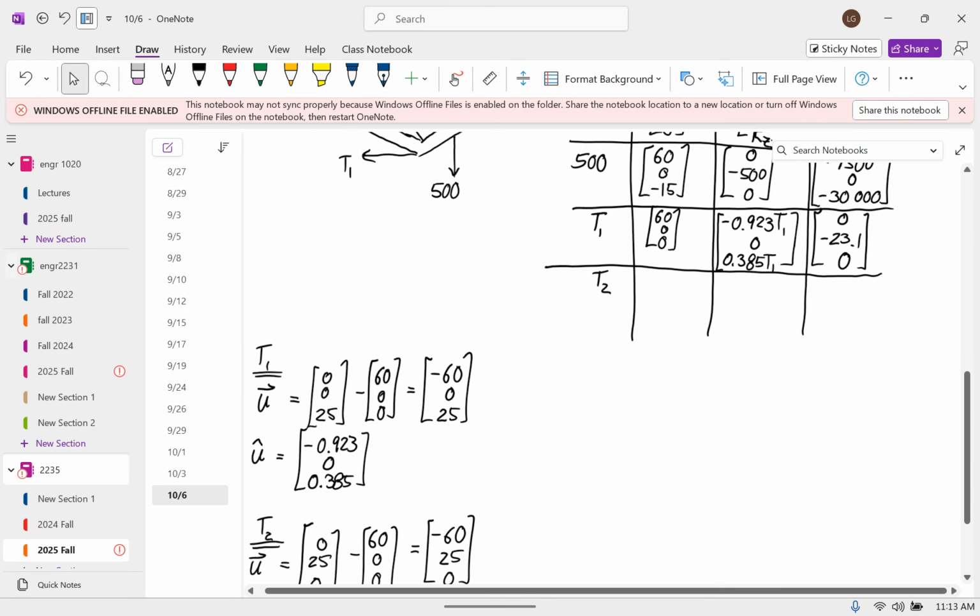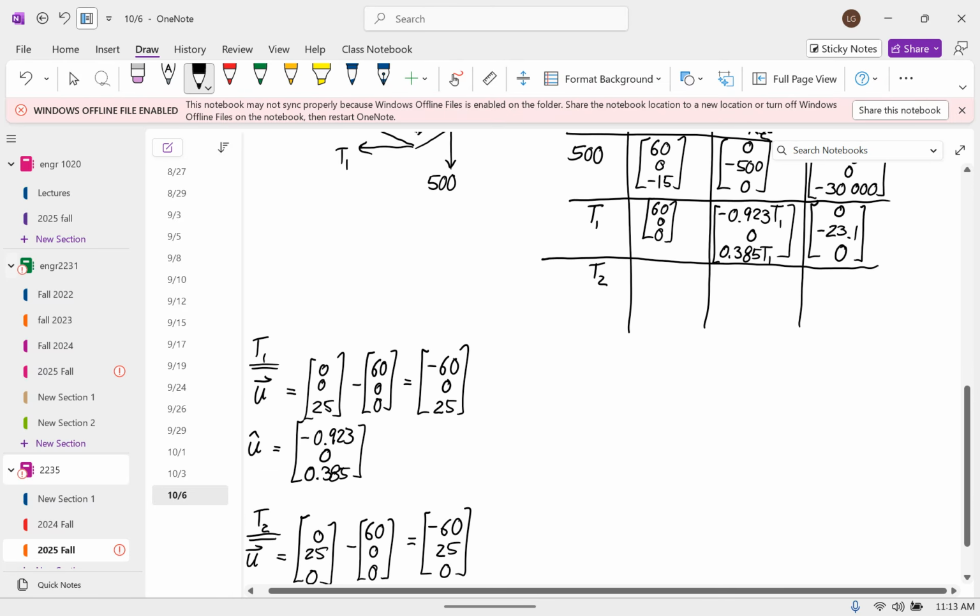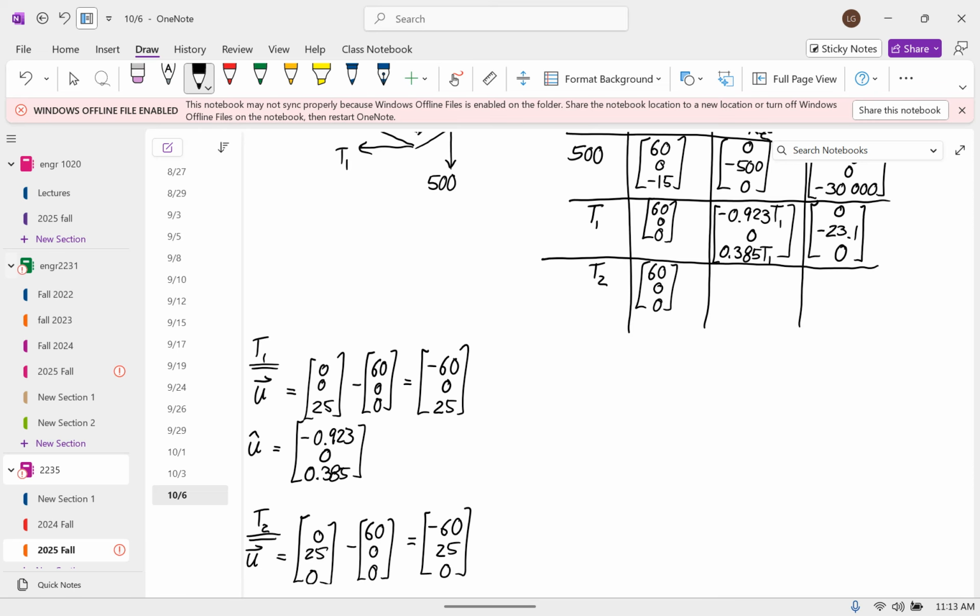It acts again at that same point B, so the row vector is 60, 0, 0 again. The force is negative 0.923 T2, positive 0.385 T2, 0.